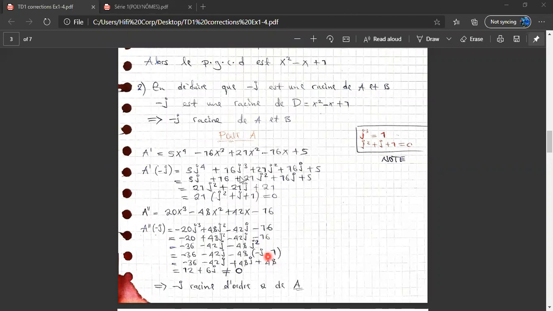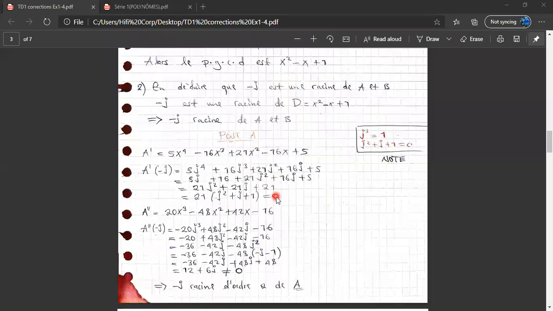The first part, I had this and this, and after I did this, I added them. If you want, you can simplify it here, and it will still give you 0, but you make it too long.